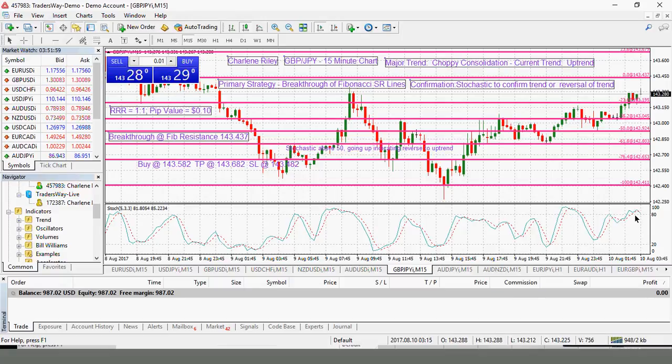And one thing I noticed with the stochastic is that typically when you get into this oversold region, and once the lines cross, then that signals a reversal.